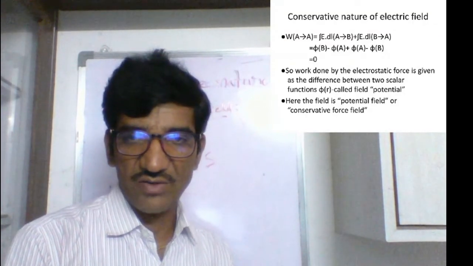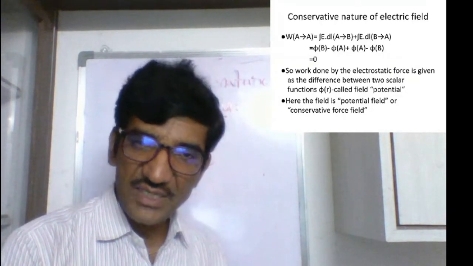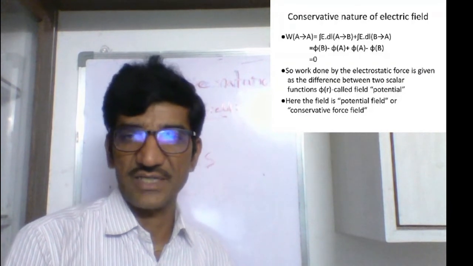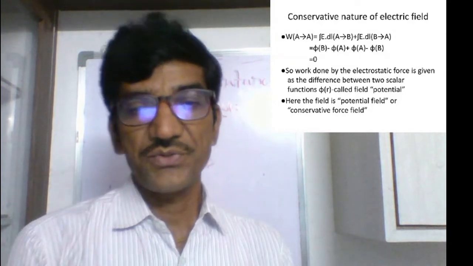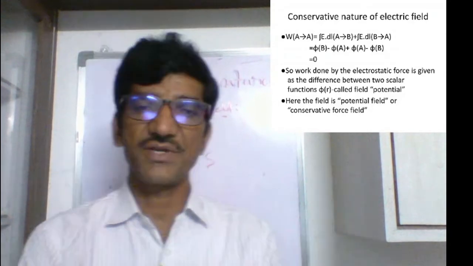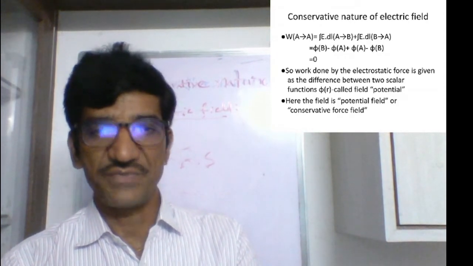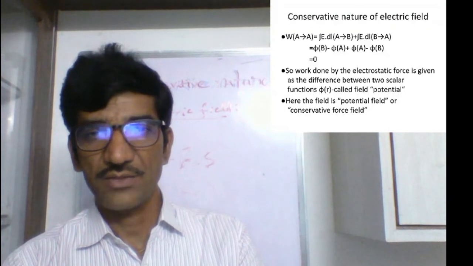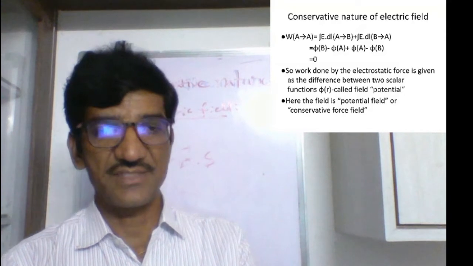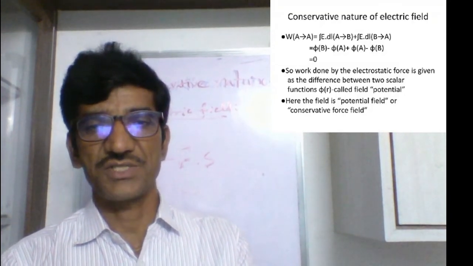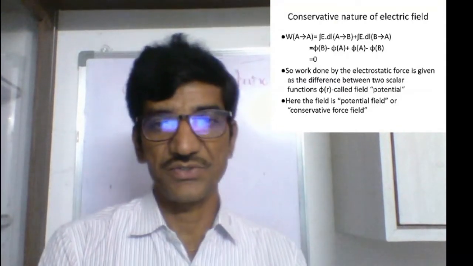We call this phi r a potential field. So your conservative field is a potential field. What's the other name for conservative field? Potential field. You do not find potentials for non-conservative force fields. Scalar functions exist for conservative forces only. That's why we call conservative force fields potential fields also.